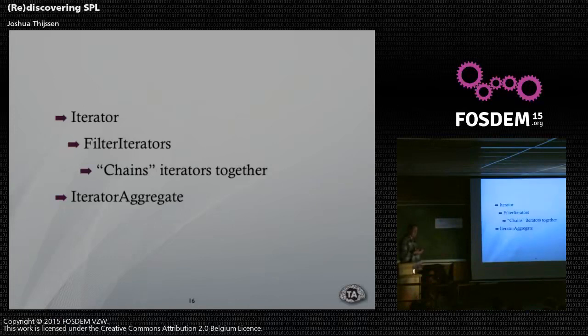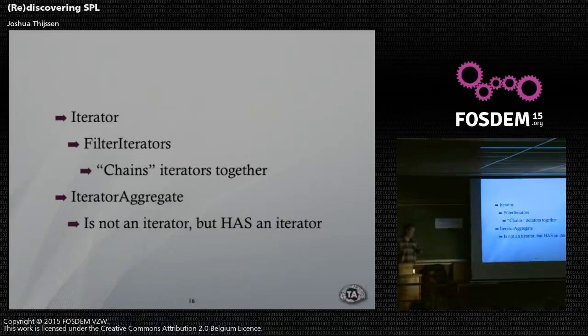If you want to iterate over an object that implements iterator aggregate, you're saying, I'm not an iterator myself, but I know how to get it. This is mostly for objects that aren't iterable by themselves, but can fetch external iterators.